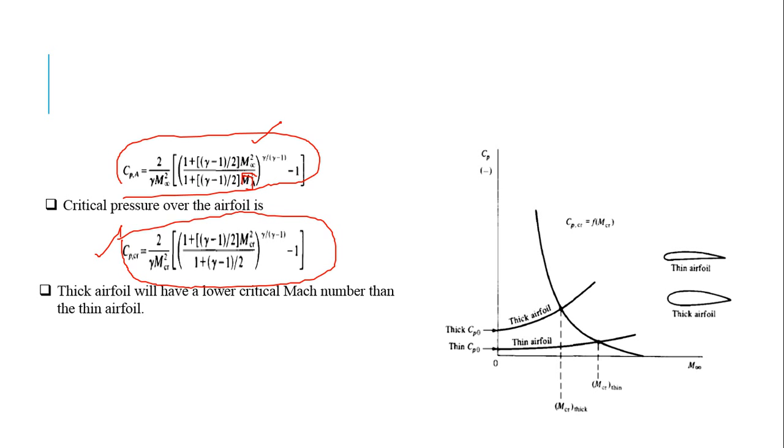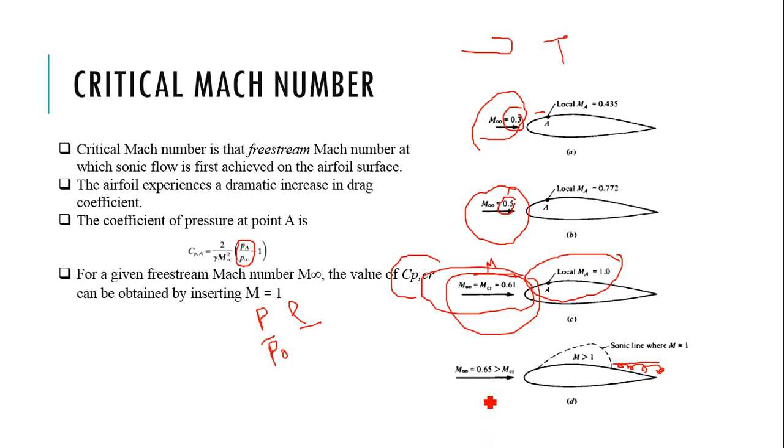So here they have plotted the values for the Mach number M infinity and CP, for when the Mach number is increasing, for a thin airfoil and a thick airfoil. For thin airfoil, the MCR is... Here I have a question for you.